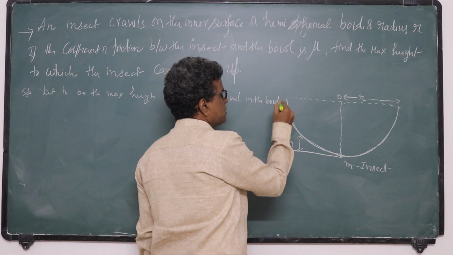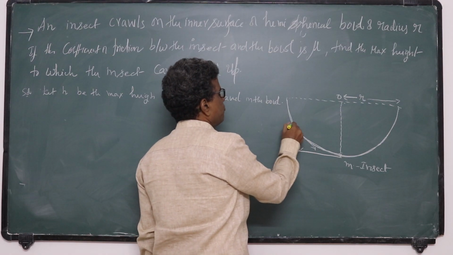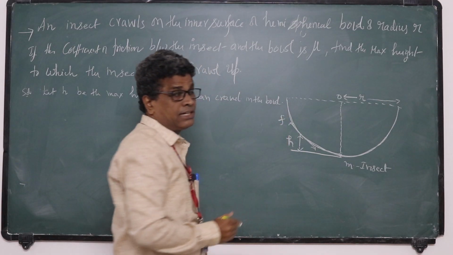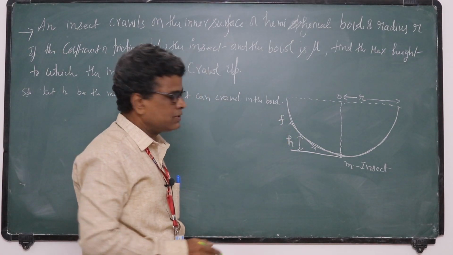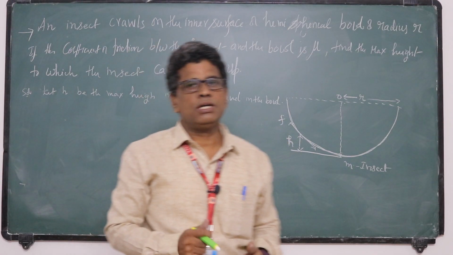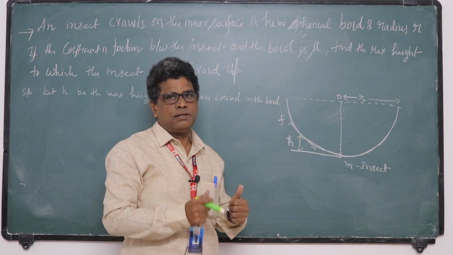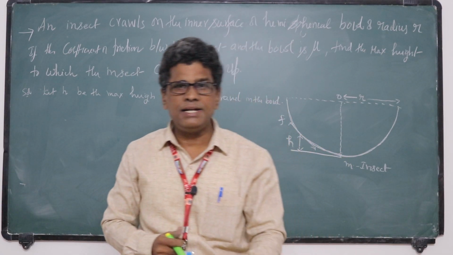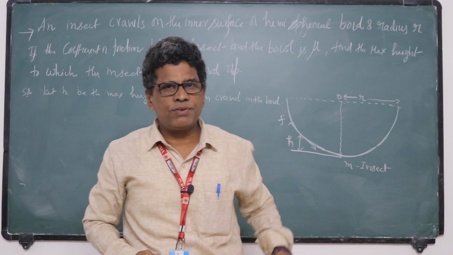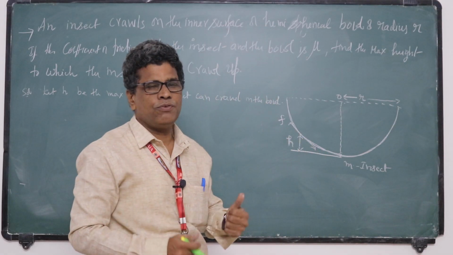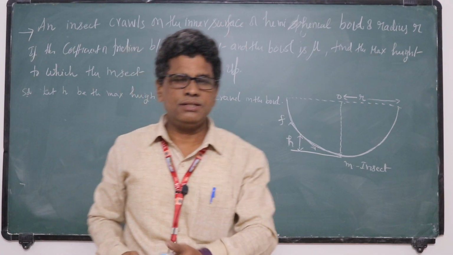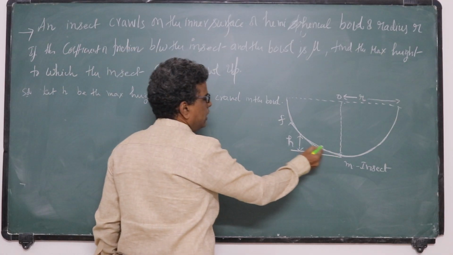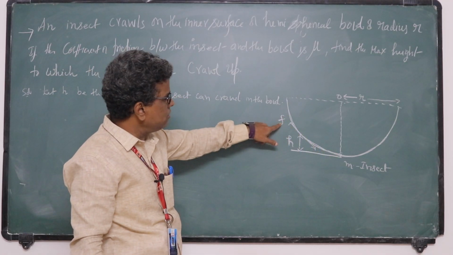So the frictional force between the legs of the insect and the bowl acts upwards. Suppose you are walking east, you push the land back, so the frictional force is also towards east. So if the insect is crawling up, the frictional force is also up.